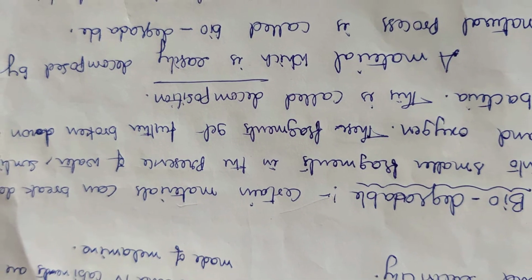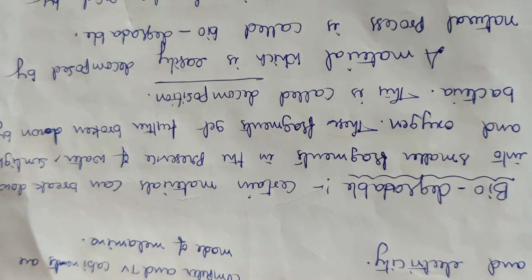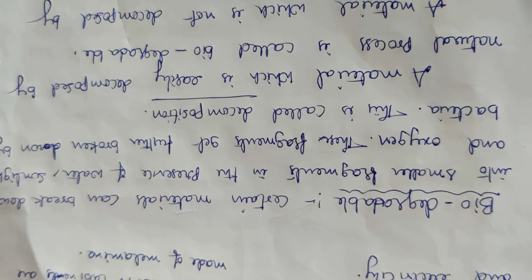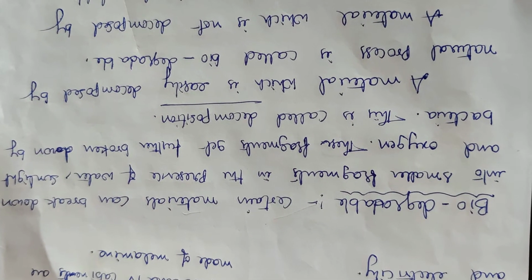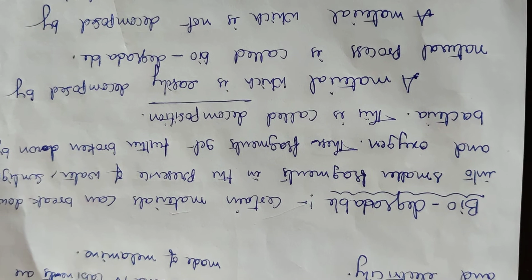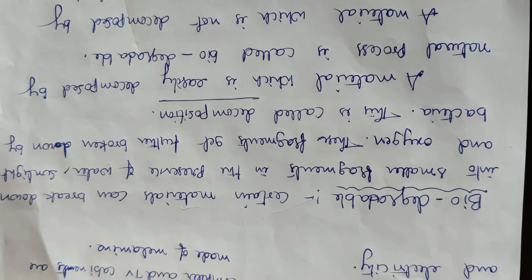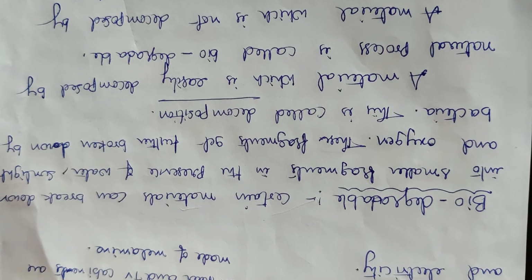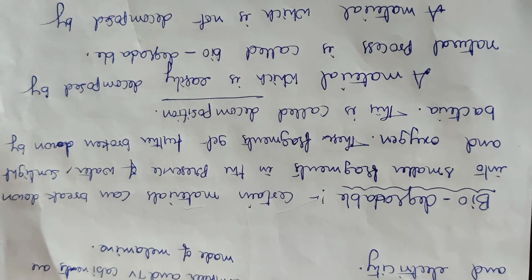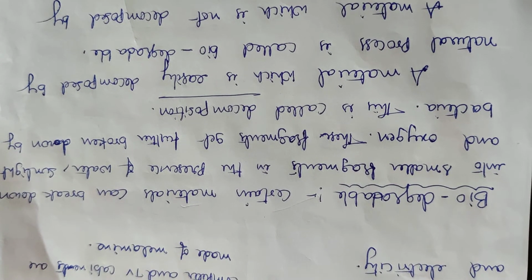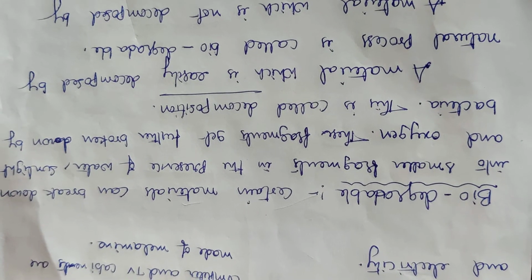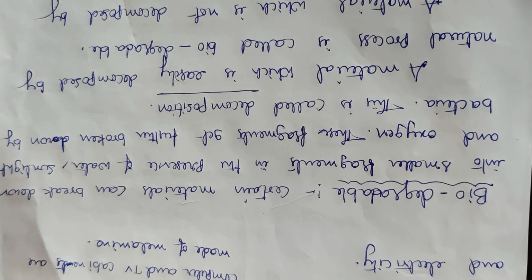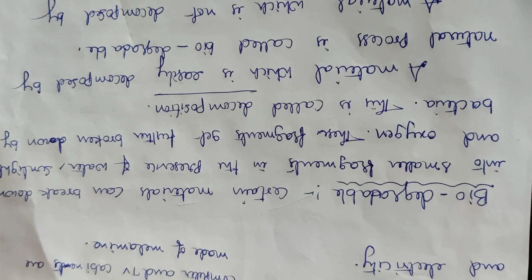Certain materials can break down into smaller fragments in the presence of water, sunlight, and oxygen. These fragments get further broken down by bacteria. This process is called decomposition. So for the decomposition of different materials, it takes different time, either days, months, or years, depending on the material.